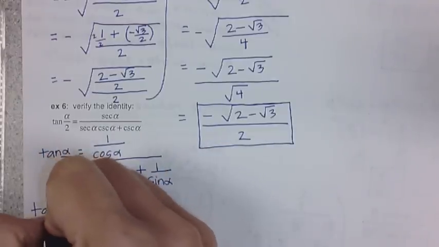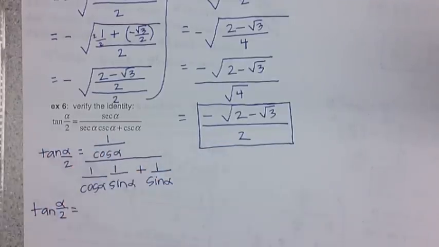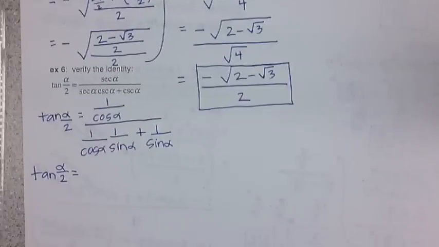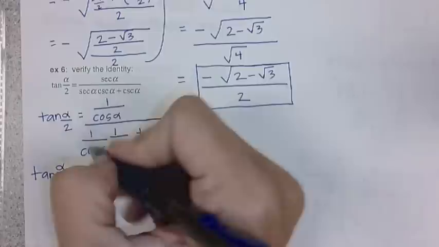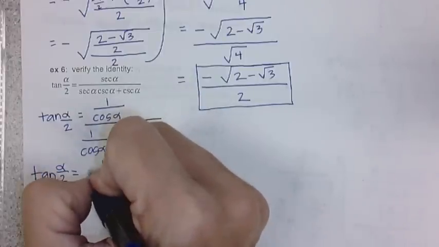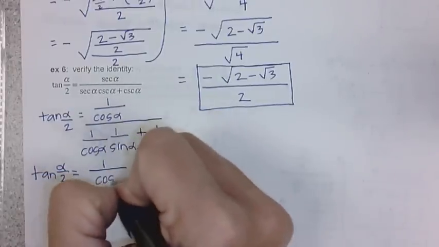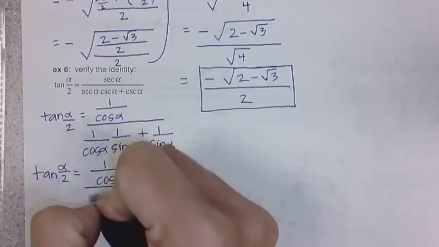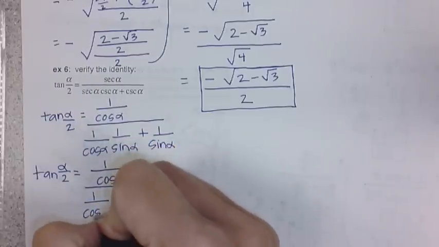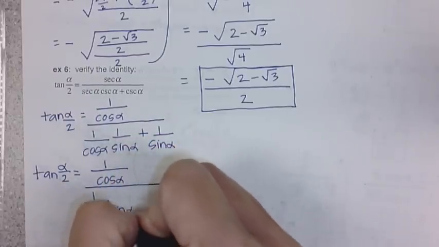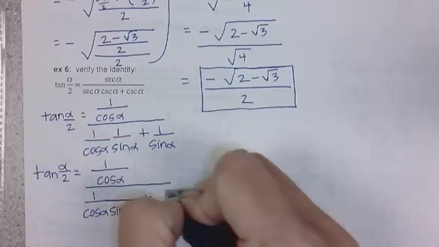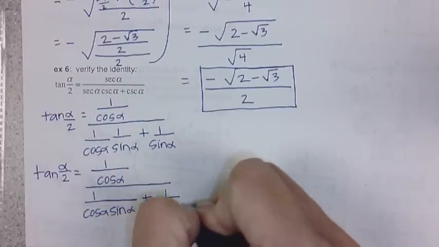So the tangent of alpha over 2 is the same thing as 1 over cosine alpha times 1 over cosine alpha sine alpha plus 1 over sine alpha.